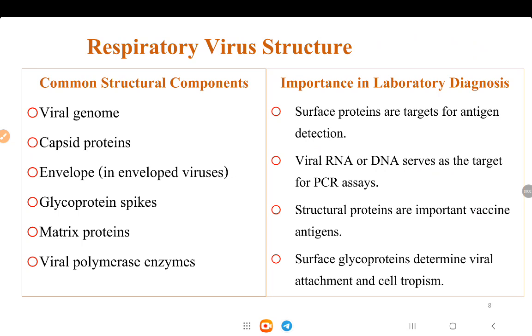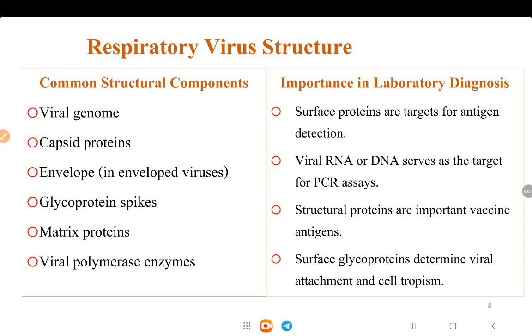From the previous slide, you can see the different structural proteins, the common structural components of all viruses: the viral genome, the capsid, the envelope, the glycoprotein spike, the matrix protein, and the viral polymerase. These important components of the virus structure help in laboratory diagnosis. The surface proteins are a target for antigen detection because they stimulate the immune system.